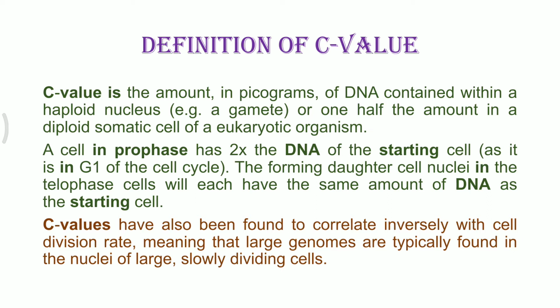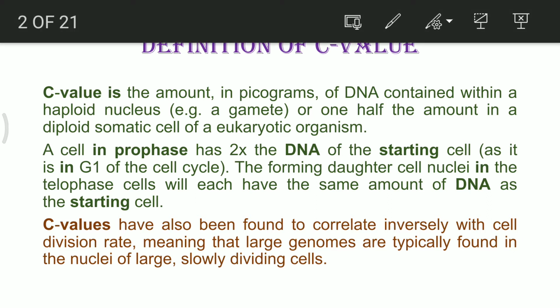When mitosis is taking place, in the prophase the cell is in 2n condition. When prophase moves towards the end and attains telophase, if you remember the structure of a cell, suppose there were three chromosomes, I'm talking about mitosis.